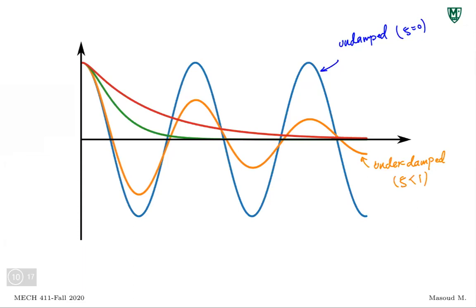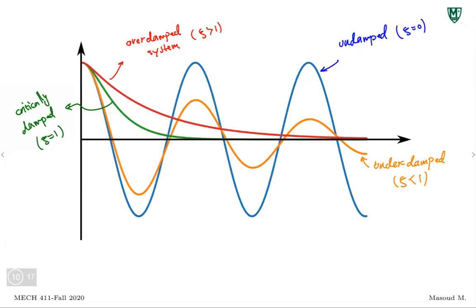This one. Critically damped, meaning that zeta is equal to 1. And the other one is the overdamped system, when zeta is greater than 1.